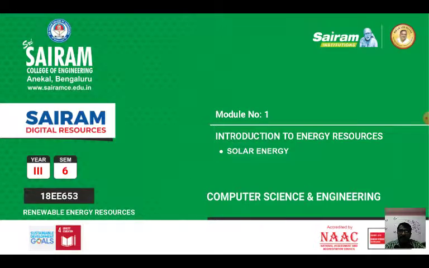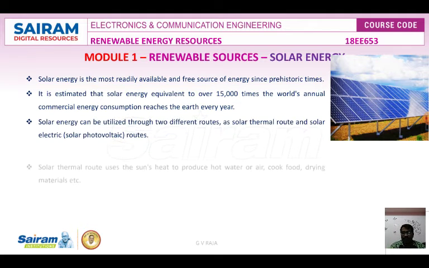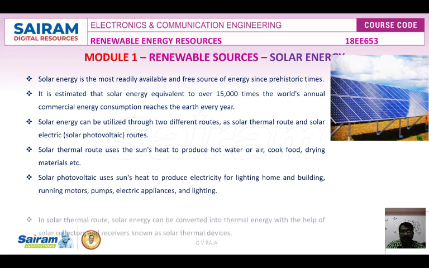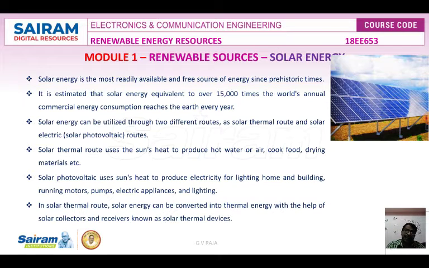Solar energy is the most readily available, abundant energy. It is a free source of energy, and it is estimated that solar energy equivalent to over 15,000 times the world's annual commercial energy consumption reaches earth every year.